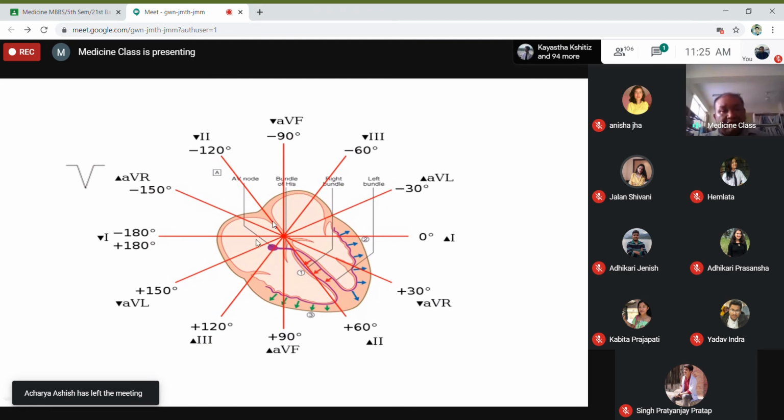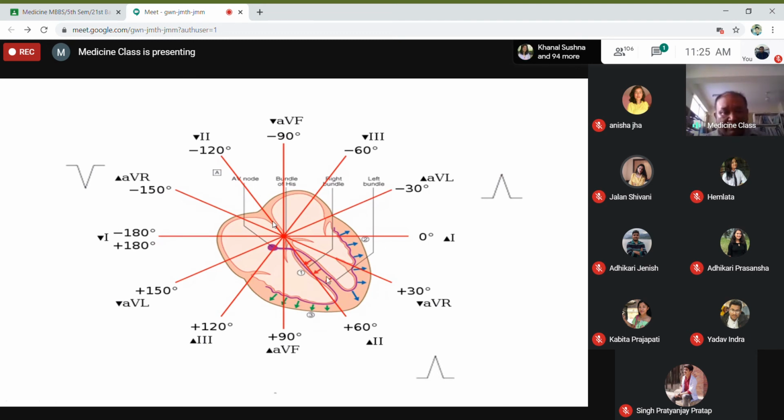But the same deflection will be captured by lead 1, lead 2, or aVF as a positive deflection, because these electrodes are recording it as coming towards them.